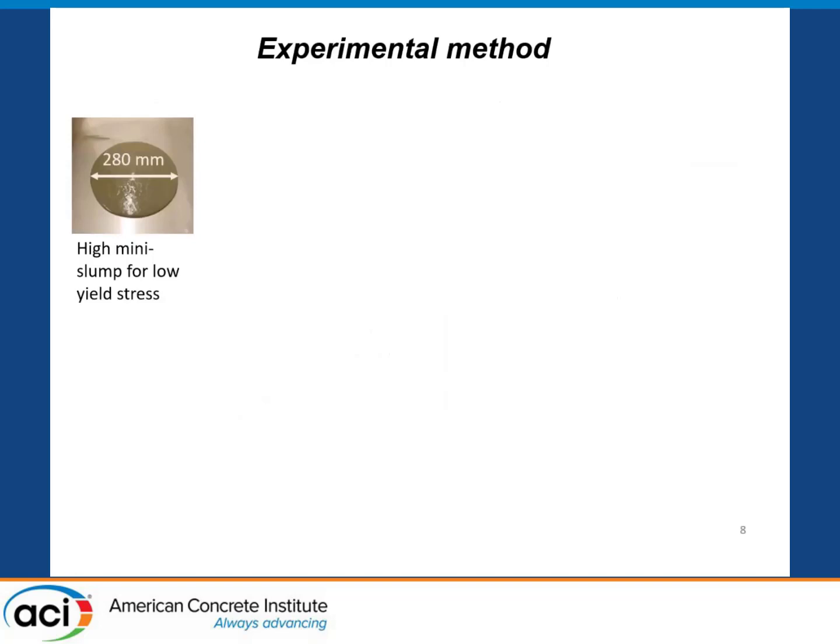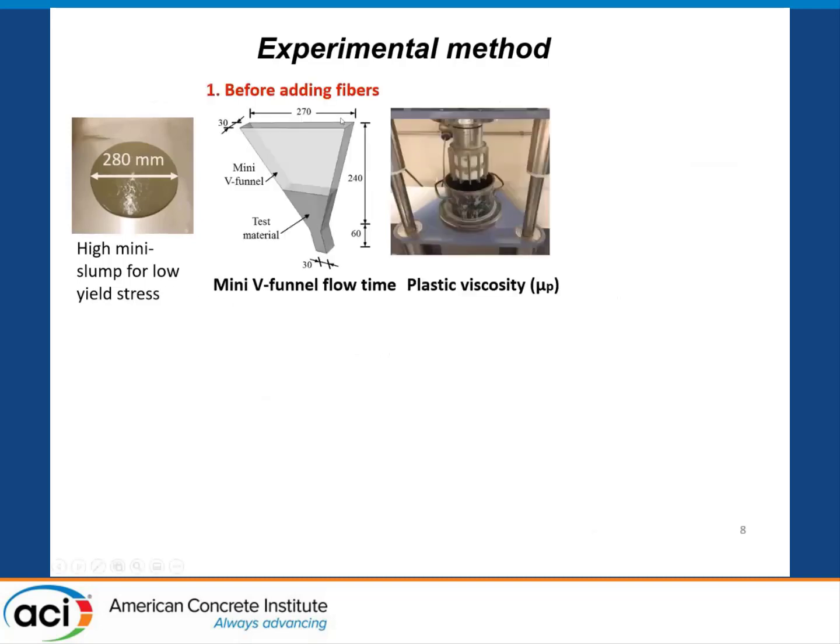For the experiment, first of all, we fixed the mini slump flow of the UHPC mortar to around 280 millimeters. Then, before we added fibers, we tested the UHPC mortar for the mini funnel flow time, and at the same time we tested the plastic viscosity.